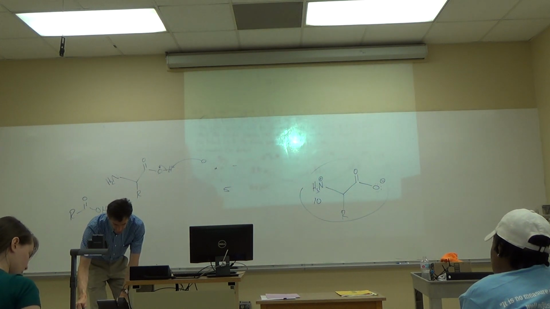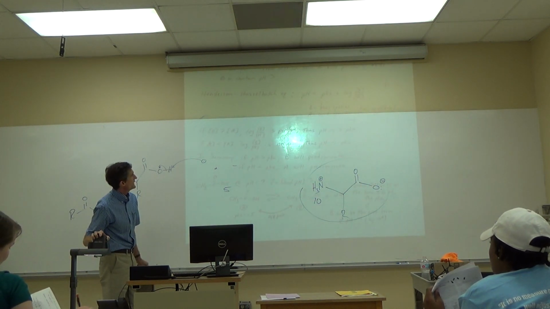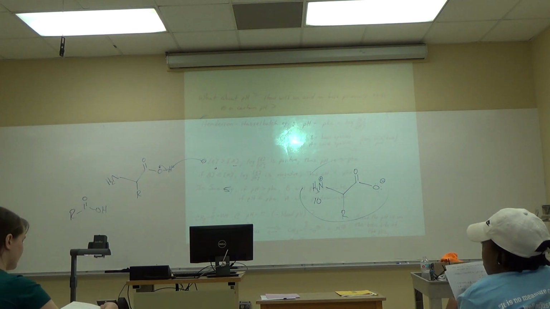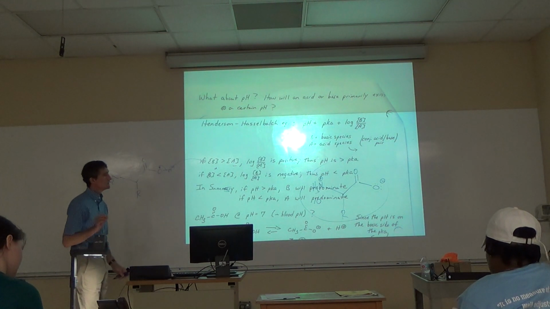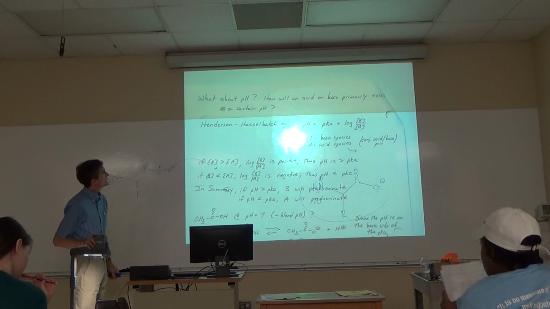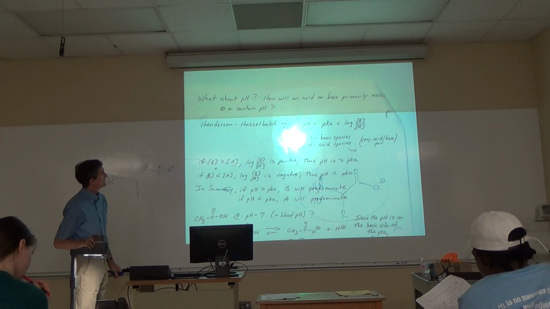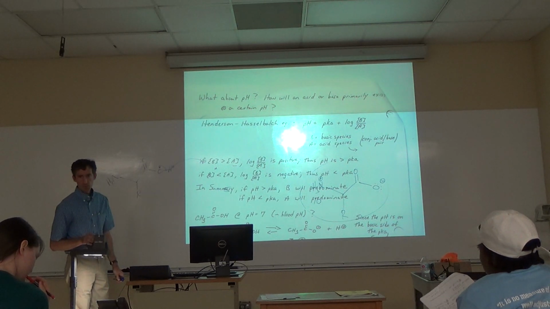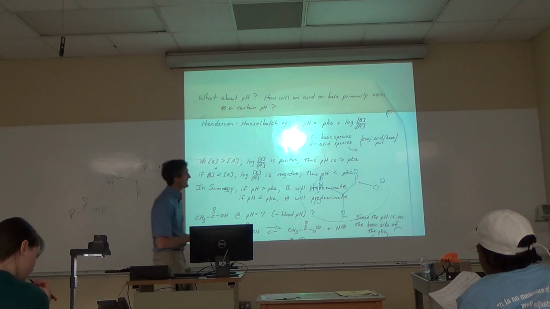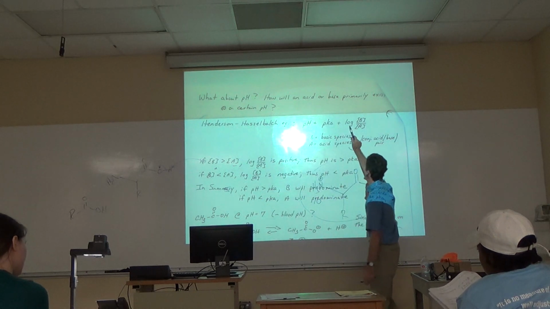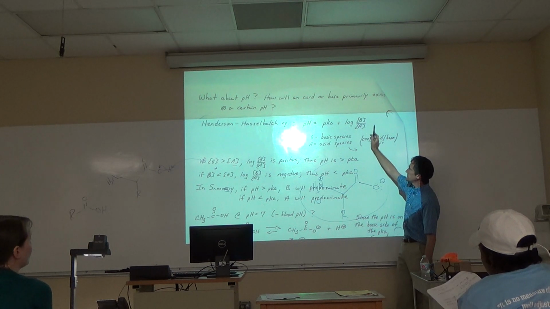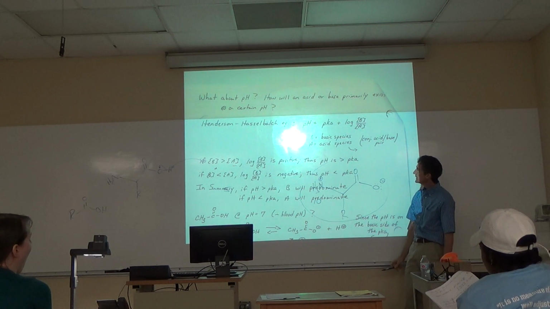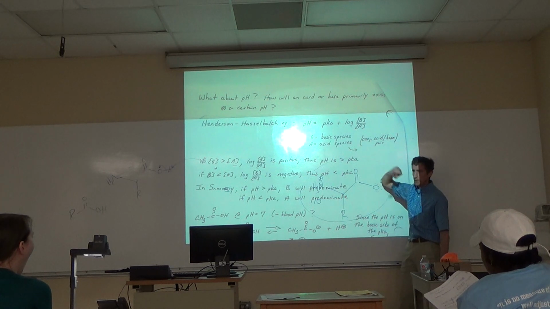Okay, what about pH? How an acid or base predominantly exists at a certain pH? We have the Henderson-Hasselbalch equation, which tells us that pH equals pKa plus log of B over A, where B is the basic species and A is the acidic species. This is basically a conjugate acid-base pair.